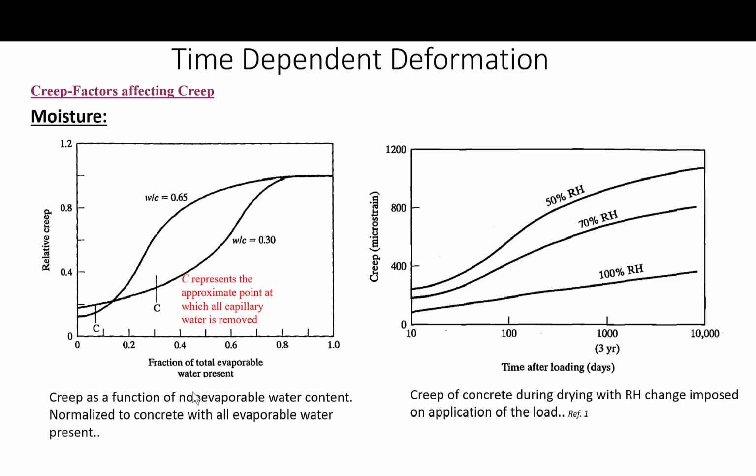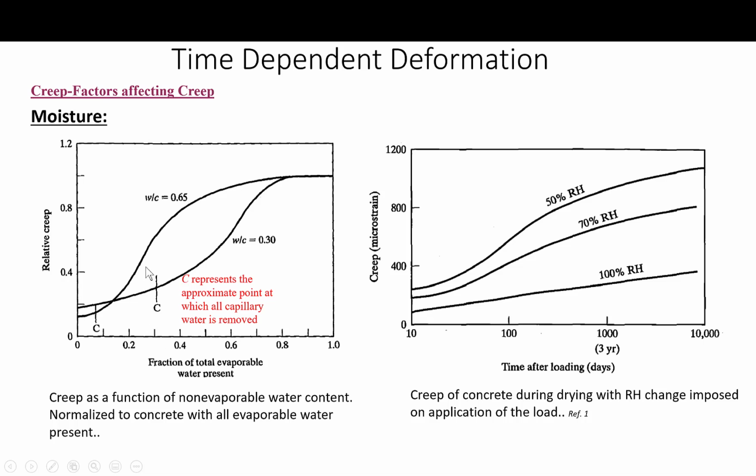The creep versus water content relationship depends on the water cement ratio, as shown in this figure right here. This is for water cement ratio 0.65, and this is for water cement ratio 0.3. This represents the approximate point at which all capillary water is removed.